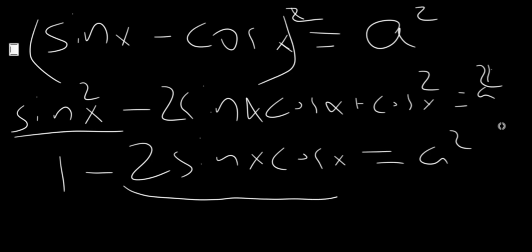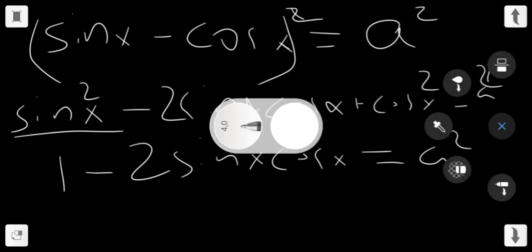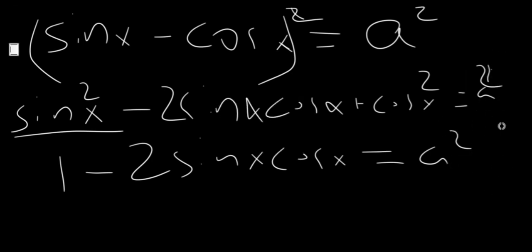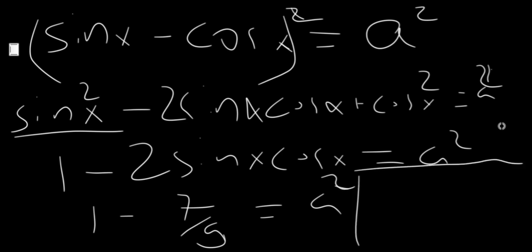This is what we found. So 1 minus 7 divided by 9 is equal to a squared. 1 minus 7 divided by 9 is 2 divided by 9, right? It is equal to a squared.